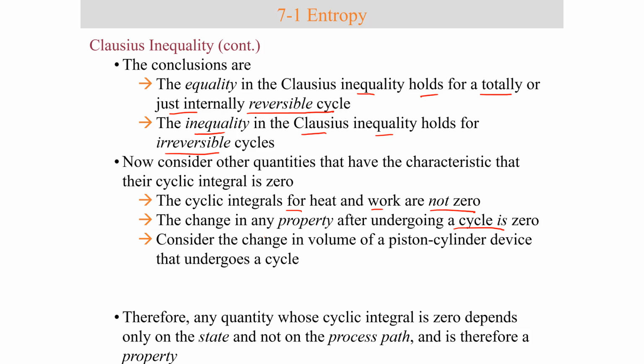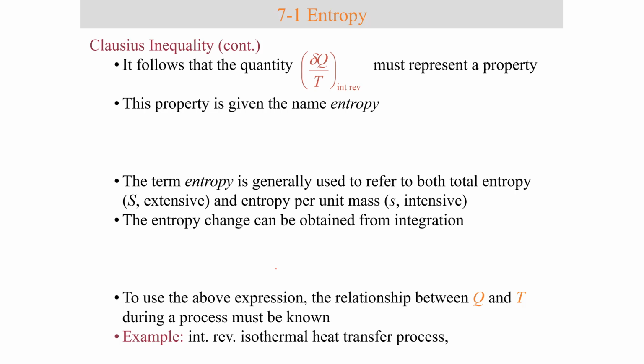So consider the change in volume of a piston cylinder device that undergoes a cycle, for example. Therefore, a quantity whose cyclic integral is 0 depends only on the state and not on the process path, and is therefore a property. So all that is basically to say that this quantity must represent a property, since if you go through a cycle, it comes back to the same point it started from and has the same value that it started at.